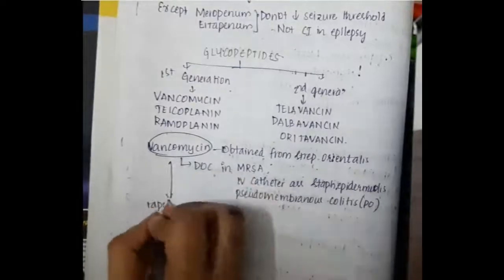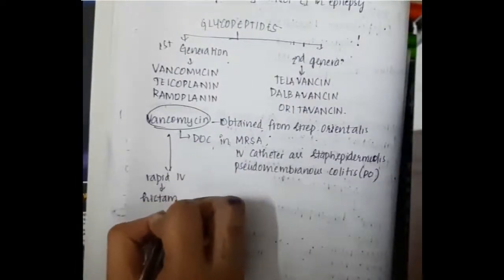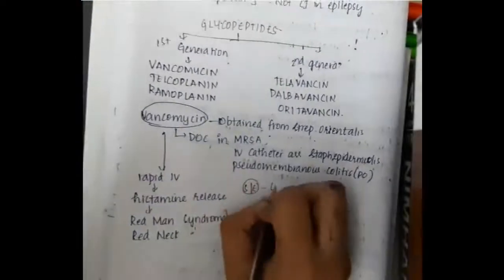If you see, vancomycin given as a rapid IV injection causes histamine release, and this causes red man syndrome or red neck syndrome.